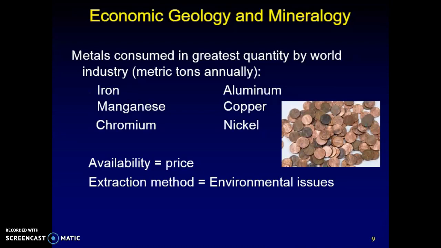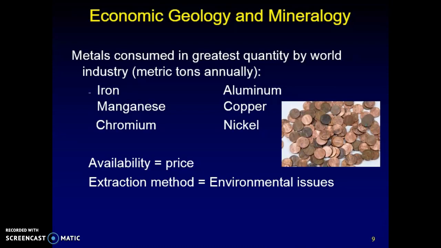So why is aluminum so expensive? Because of what it takes to get the aluminum and how much is available. Why is chromium expensive, and so on? Again, availability determines the price. Then the method of obtaining these rocks, or extraction method, is what will influence a lot of our environmental issues or create some significant environmental issues.